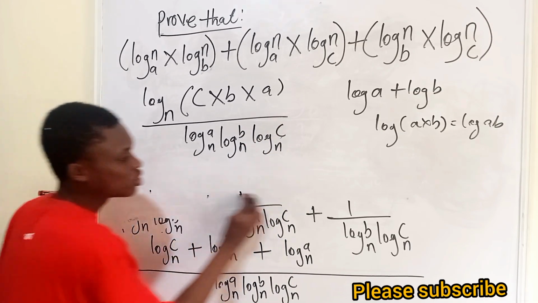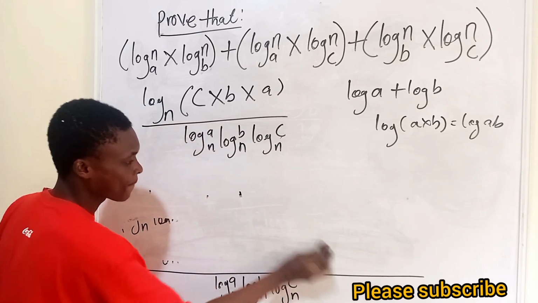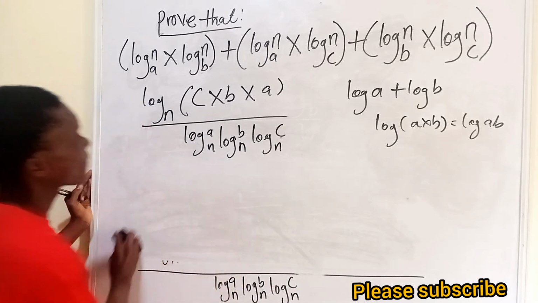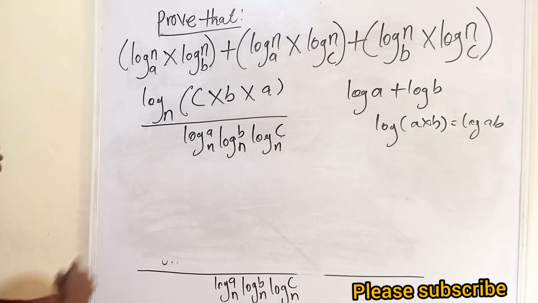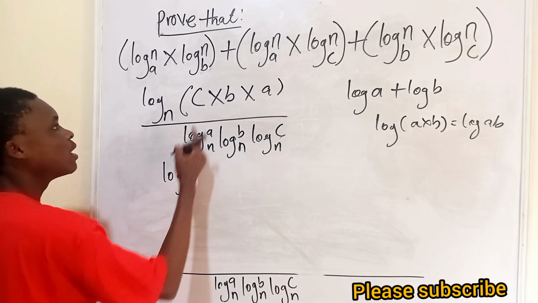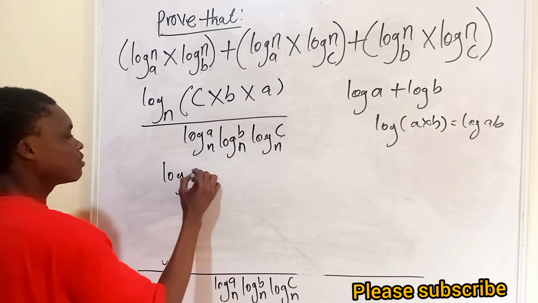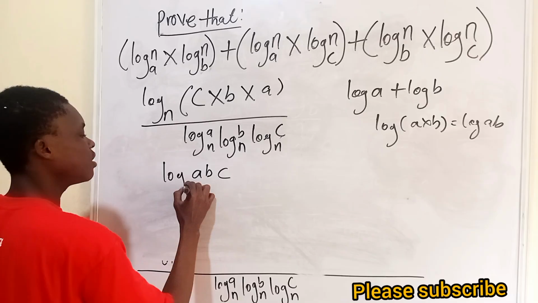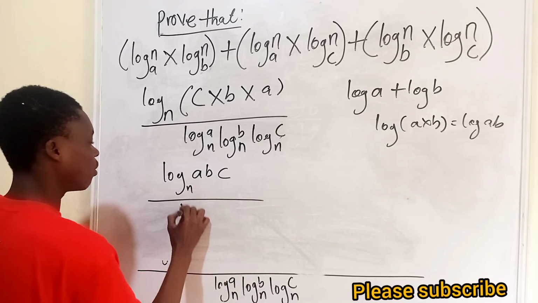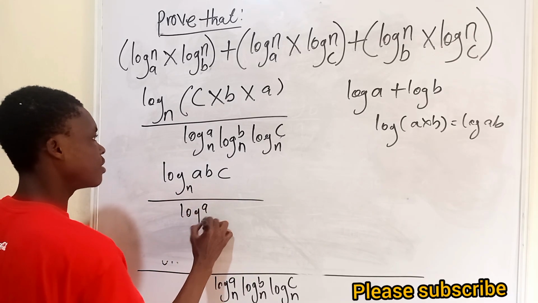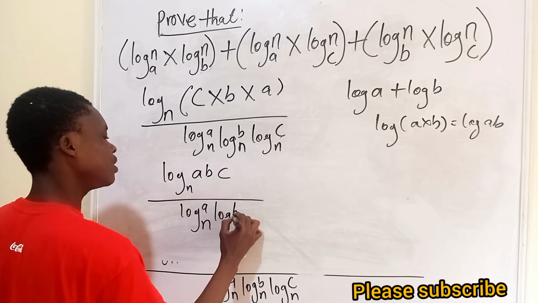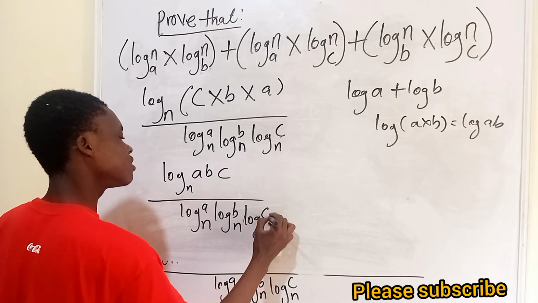To finish this up, log of c times b times a gives us log abc base n, all divided by log a base n log b base n log c base n.